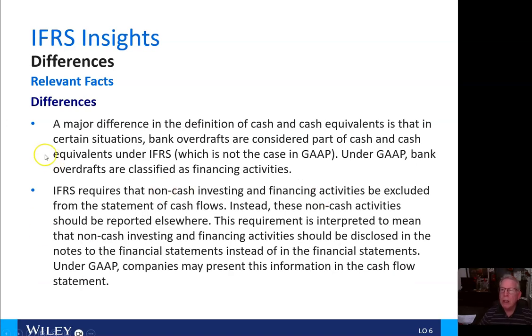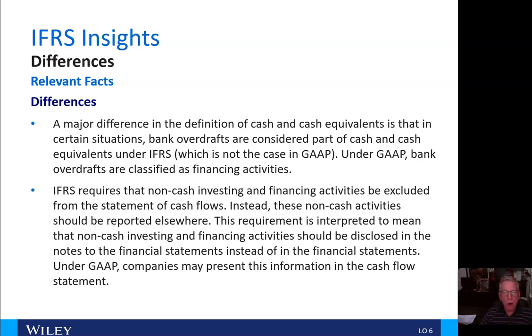Differences, though, include a major difference in the definition of cash and cash equivalents, and it is that in certain situations, bank overdrafts are considered part of cash and cash equivalents under IFRS, which is not the case in GAAP. Under GAAP, bank overdrafts are classified as financing activities.